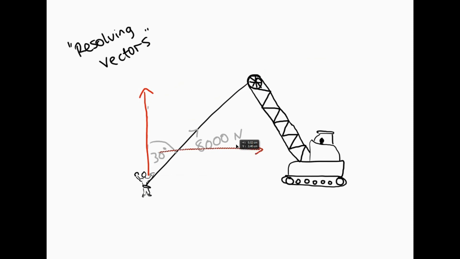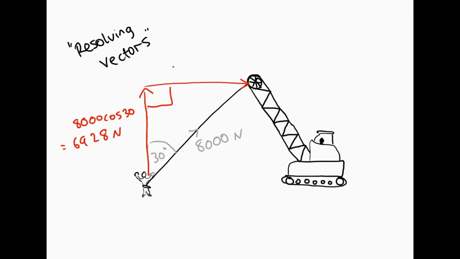In this case, you would experience a force of 6,928 newtons upwards from this force, that's the vertical component, as well as a force of 4,000 newtons to the right, that's the horizontal component in this case. Splitting vectors into components has many uses, which we will break down in a future video.